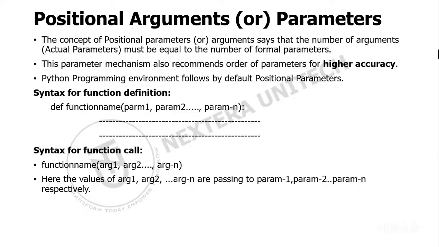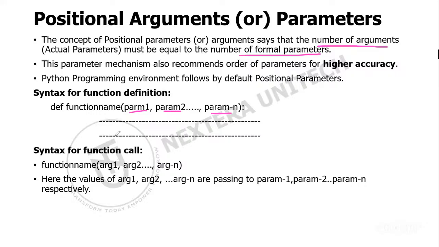What exactly are positional arguments? The positional argument says that the number of arguments must be equal to the number of formal parameters. When you are defining a function, you generally have the parameters listed. These are called formal parameters. When you are calling the function, you pass the values for them.